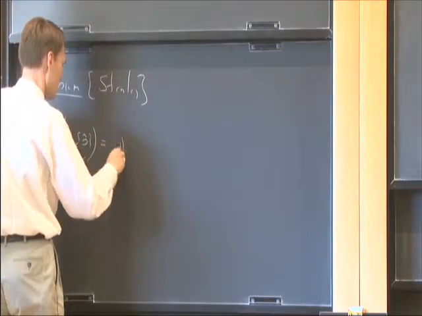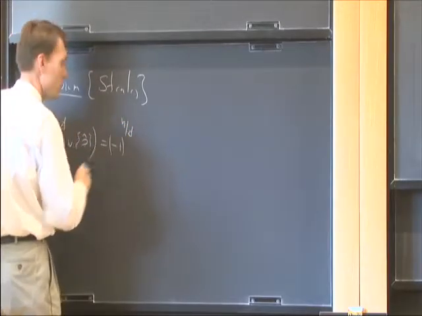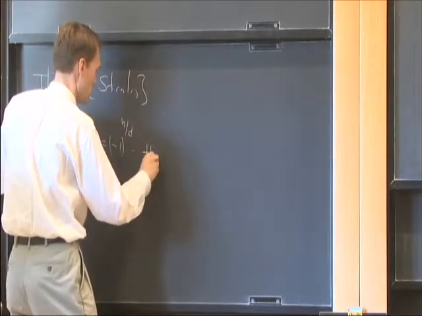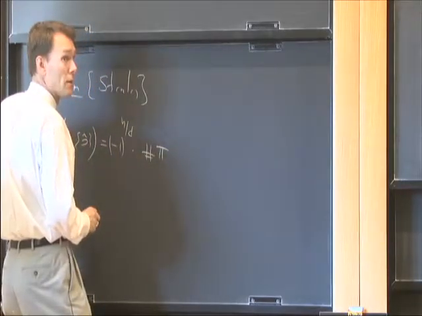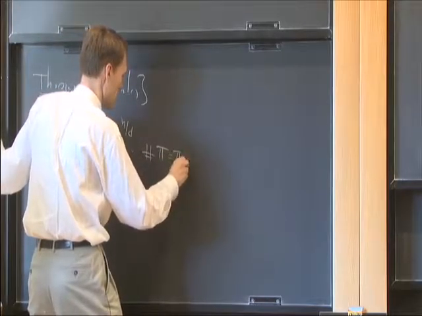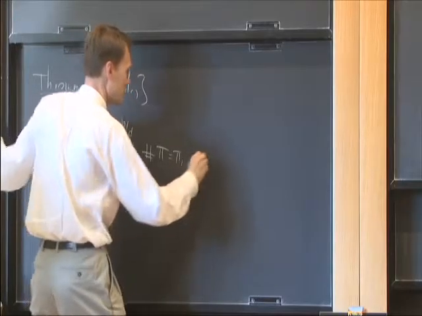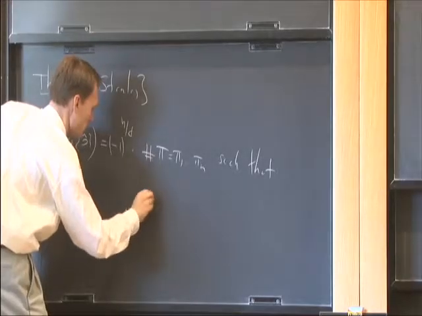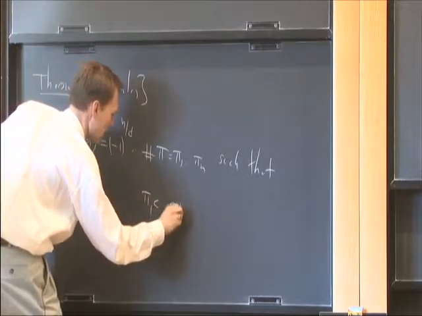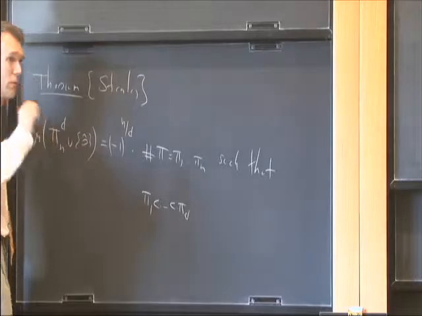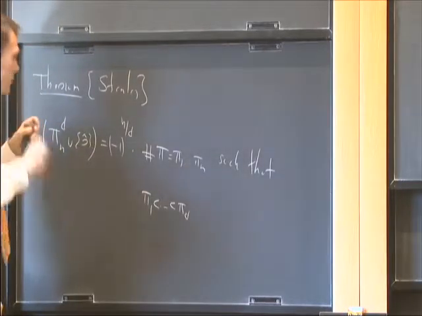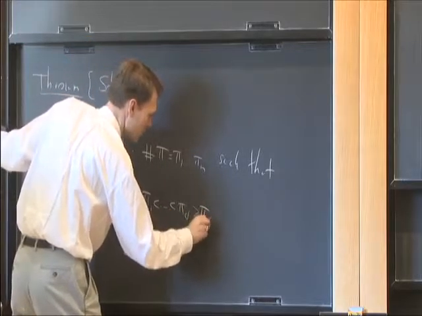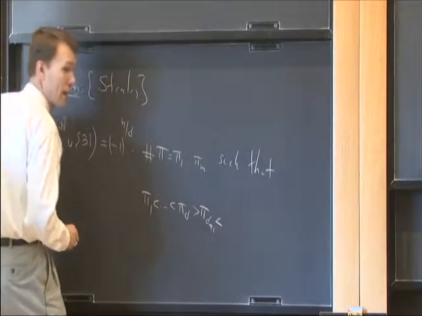This is minus 1 to the n over d, that's just the sign, times the number of permutations, and I'm thinking of it still in one line notation, such that pi of 1 is less than pi of d, so it's increasing in the first positions, but at pi of d I have a descent, I go down, and then it's increasing again.